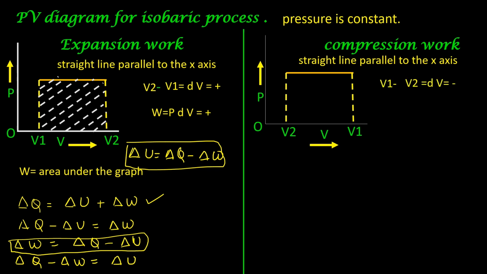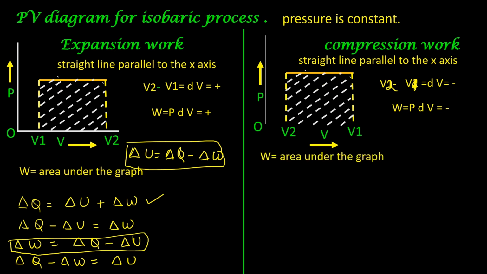I am sorry, this should be final volume minus initial volume, V2 minus V1 is equal to delta V, and that is equal to negative. So work done P delta V is equal to negative. Work done is equal to area under the graph.